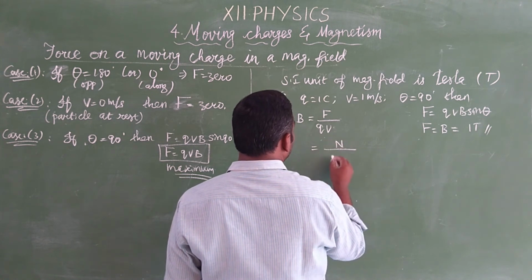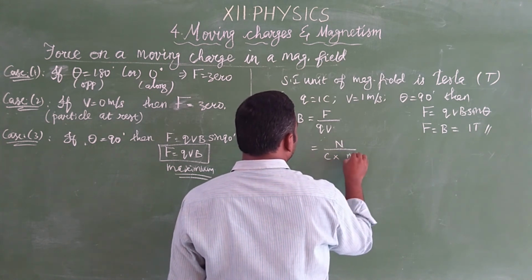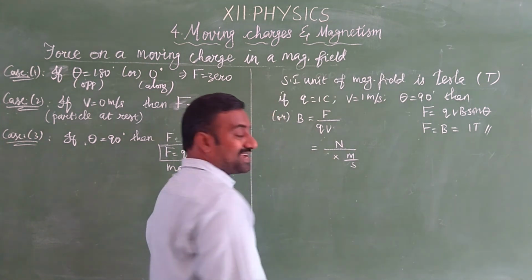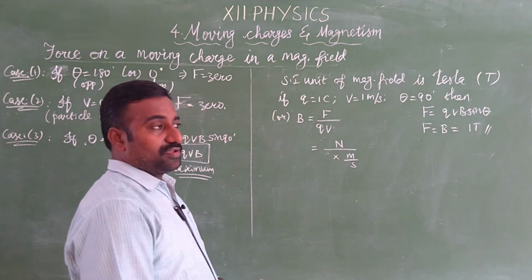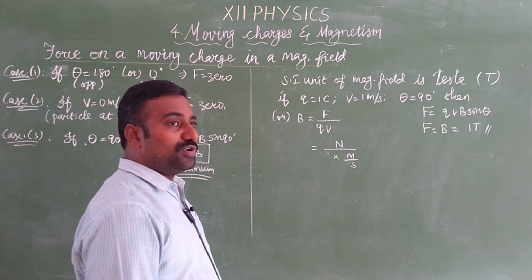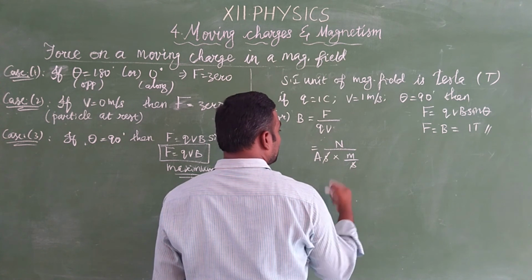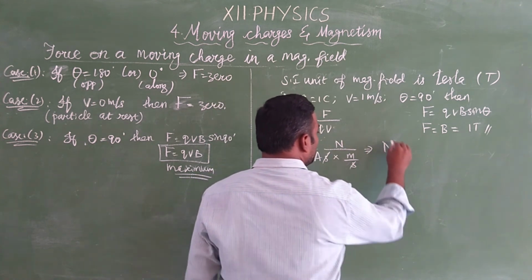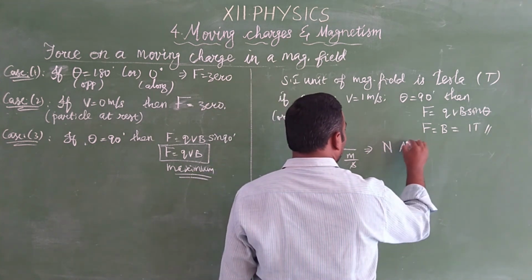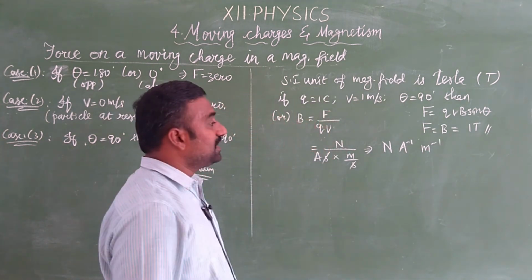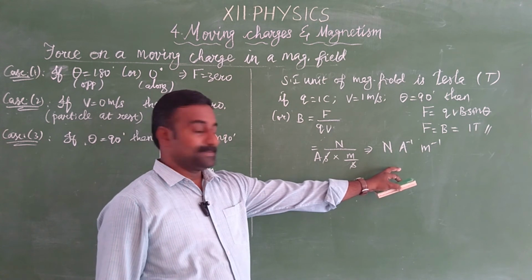SI unit of charge is Coulomb. SI unit of velocity is meter per second. But from the Coulomb and current relation, current I is equal to Q by T. So Q is equal to IT. So Coulomb is equal to ampere second. So second cancels. Then we have Newton, ampere inverse, meter inverse. So this is another unit.